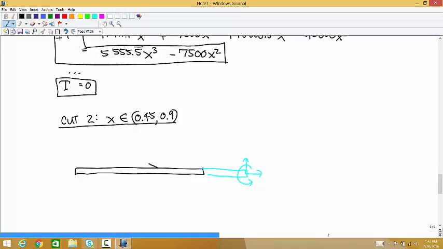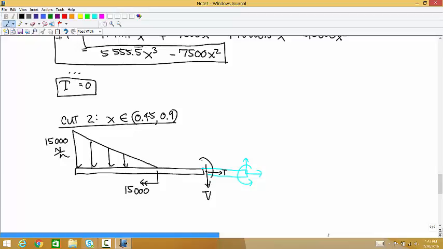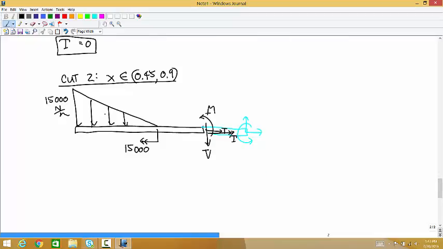The whole distributed load is over here. And so now you can just represent this with a point force.